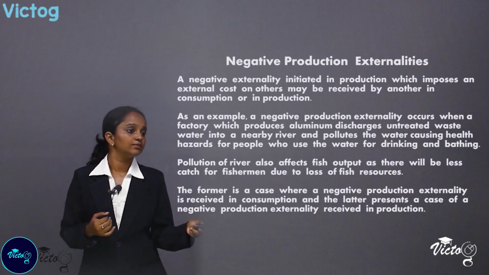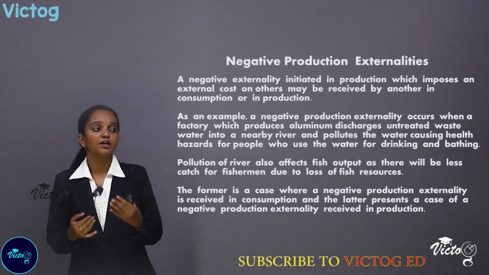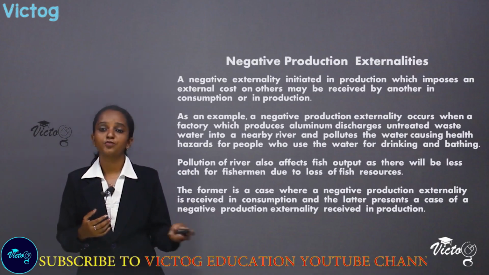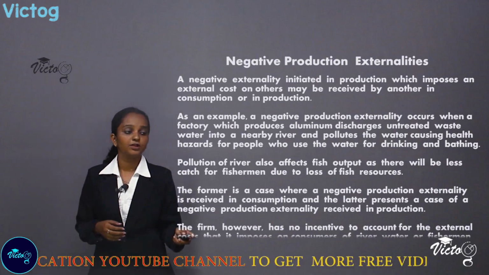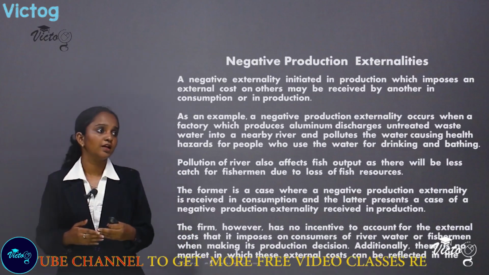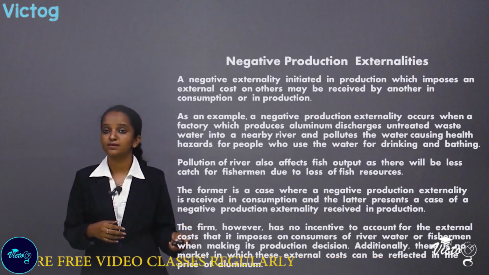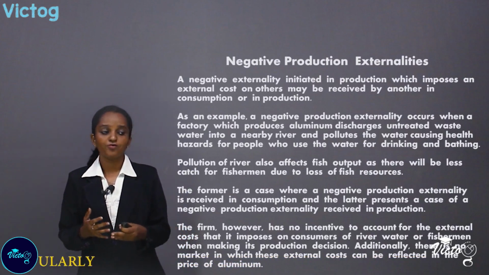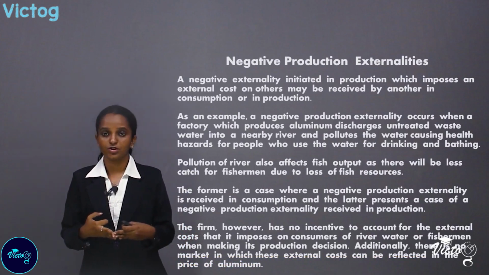And the second one, the pollution of the river that affects the output of fish, is known as negative production externality received in production. The aluminium firm actually has no incentive to account for the external cost that it imposes on consumers of river water or fishermen when making its production decision.